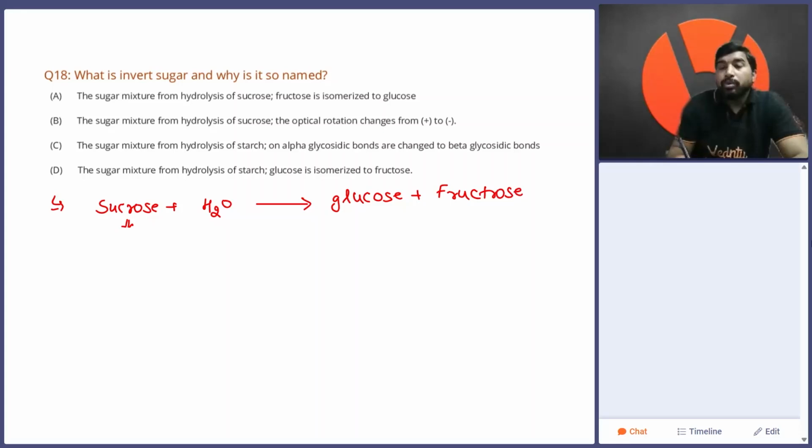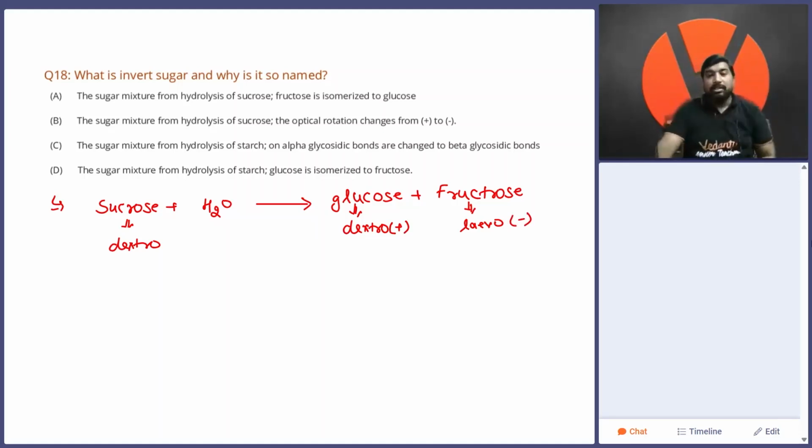Basically, sucrose is dextrorotatory, and glucose is dextrorotatory, whereas fructose is levorotatory. The dextrorotatory one rotates the plane polarized light in the clockwise direction, whereas the levorotatory one rotates it in the anti-clockwise direction.